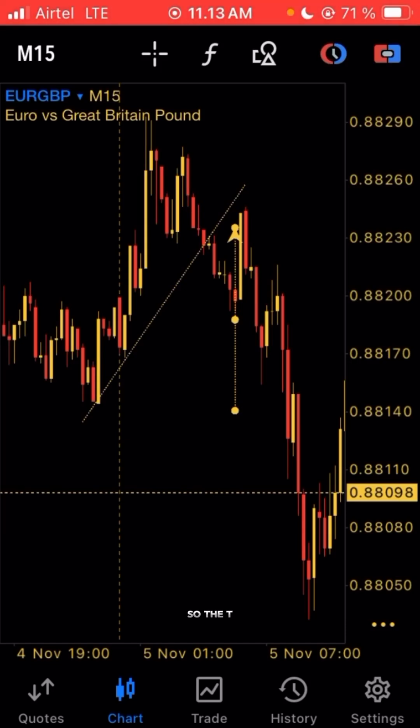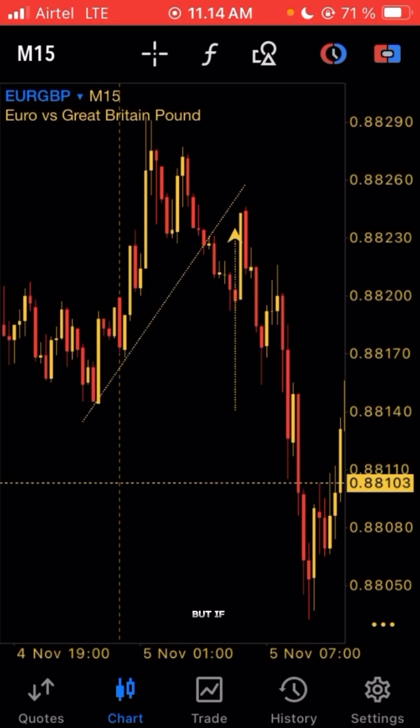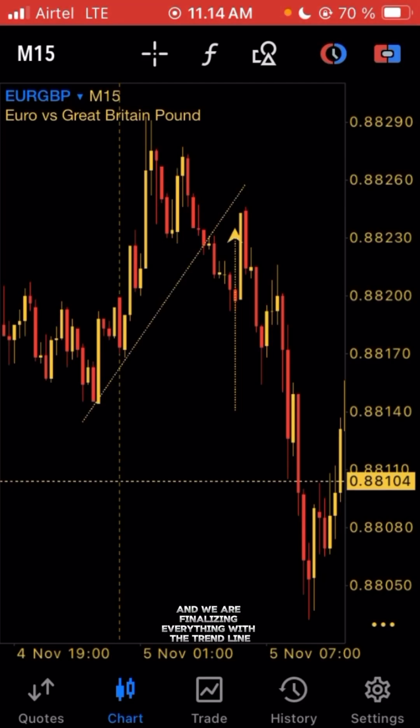So the trend line is basically a strategy whereby you know where to enter and where to exit in the general sense. But if you want to apply everything together, you are going to combine them, right? So we are taking the break, we are taking the loss of momentum, and we are finalizing everything with the trend line.